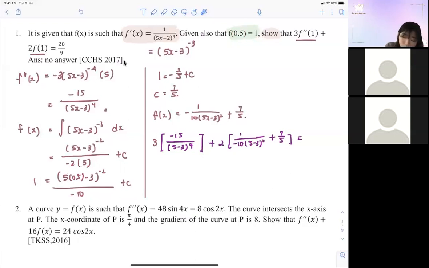Ah, I copied wrongly. This is 5 over 2. I put 5 over 3. Sorry, let me change here. No wonder it's a bit weird. Okay. Then you get 9 over 20. No, sorry, 20 over 9.